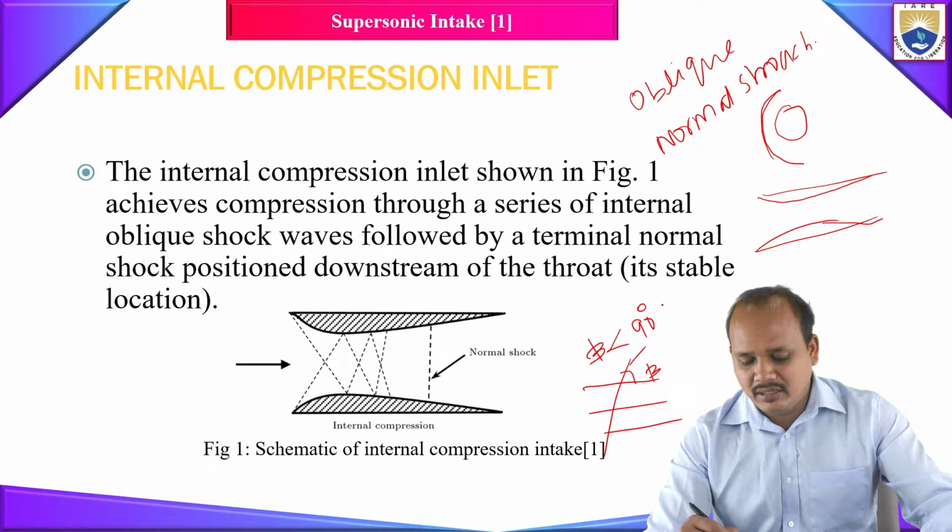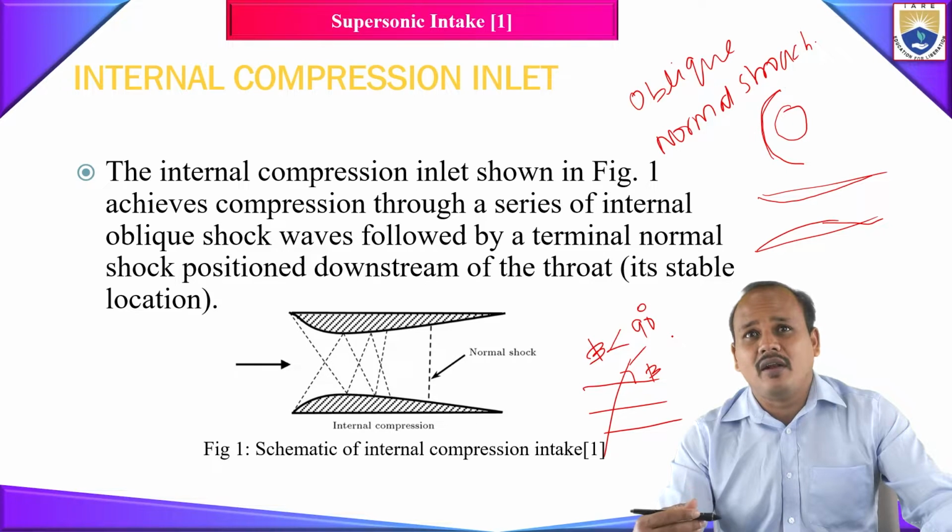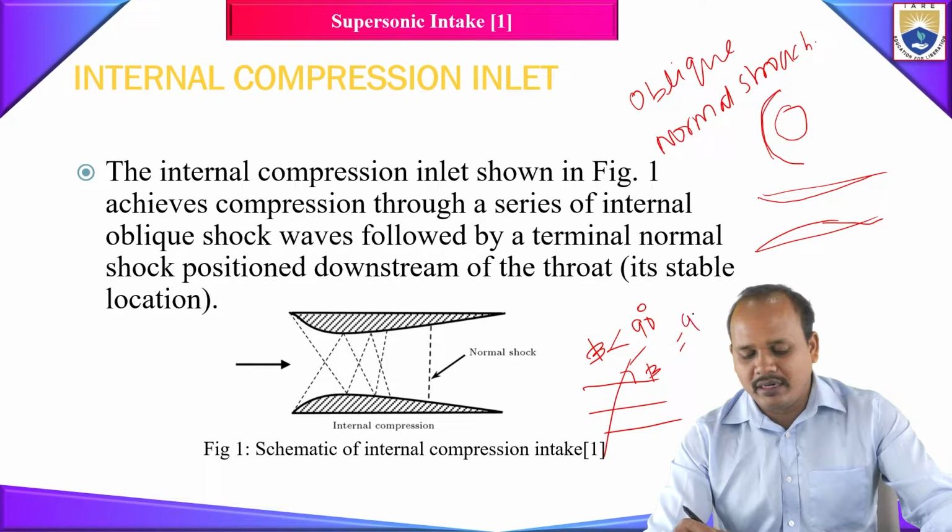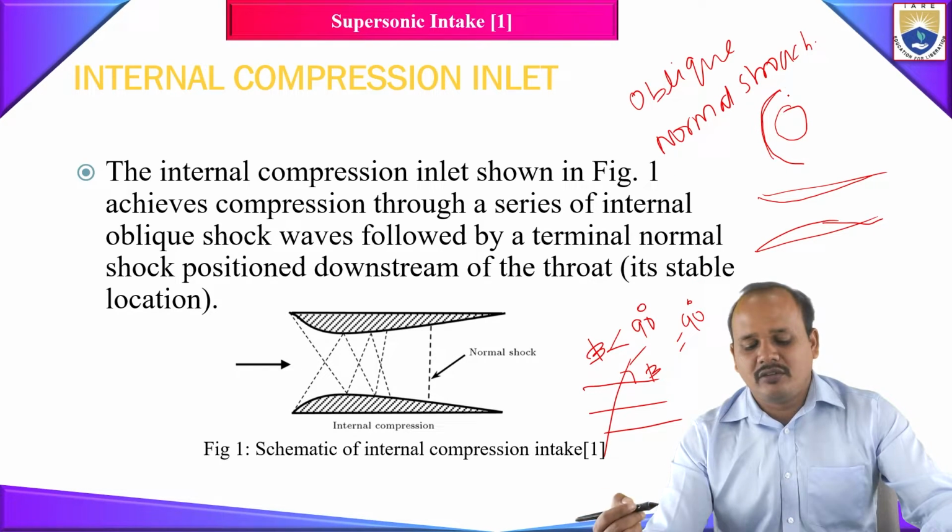If this beta is less than 90 degrees, we call it an oblique shock wave. If it is equal to 90 degrees, we call it a normal shock wave, basically a shock wave forming perpendicular to your flow. You won't have a shock wave with a shock angle more than 90 degrees.